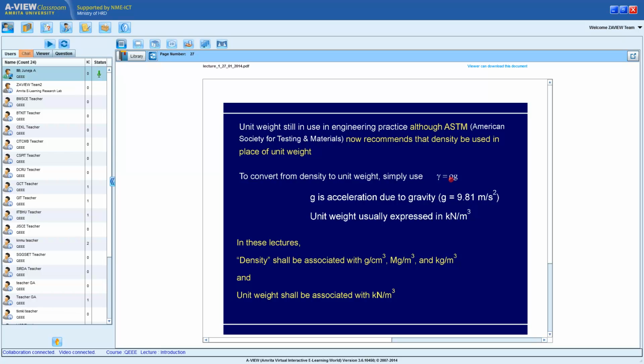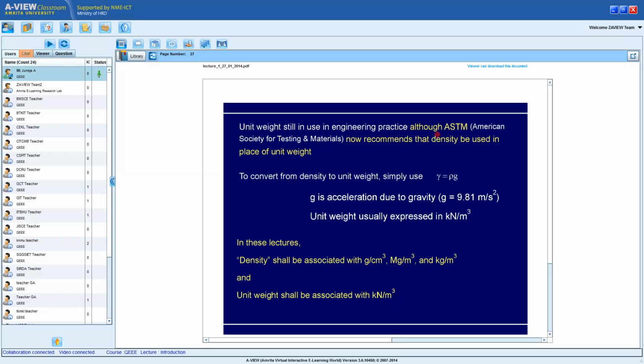So if you multiply 9.81 by density, you get unit weight. To put it simply, in our lectures or in practice, when we use density, we will never use kilonewton per meter cube. I would say this is an incorrect way of usage. Density should always be associated with grams per centimeter cube if I am happy with CGS units, or megagram per meter cube and kilogram per meter cube if I am happy with SI units. And if I want to use unit weight, I will only use the SI unit of kilonewton per meter cube.